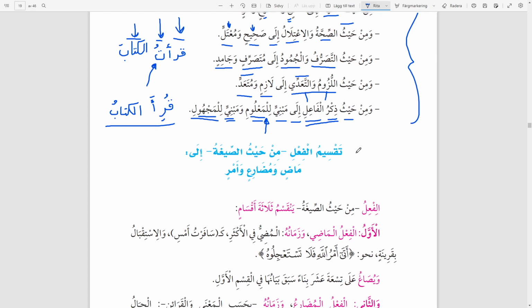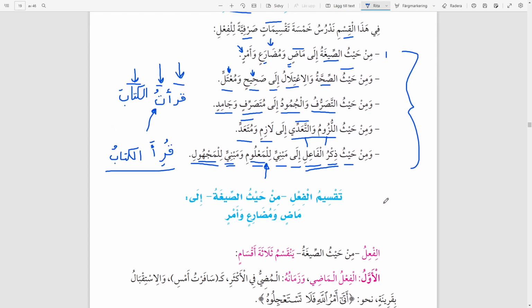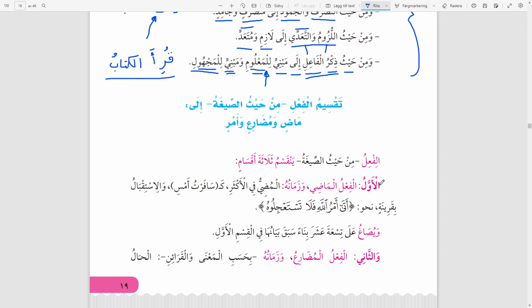So then follows these five categorizations.